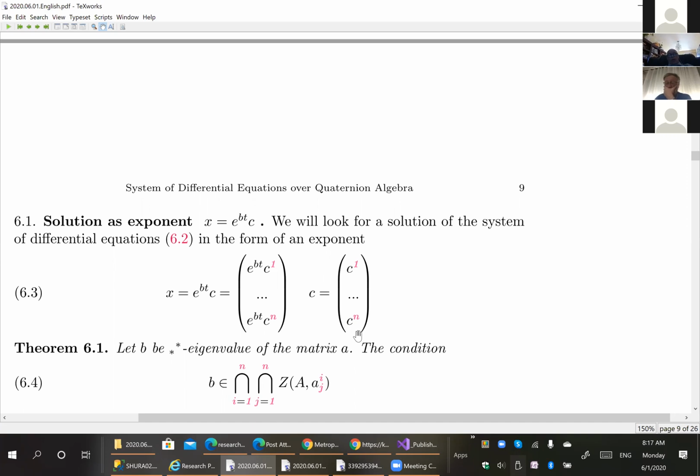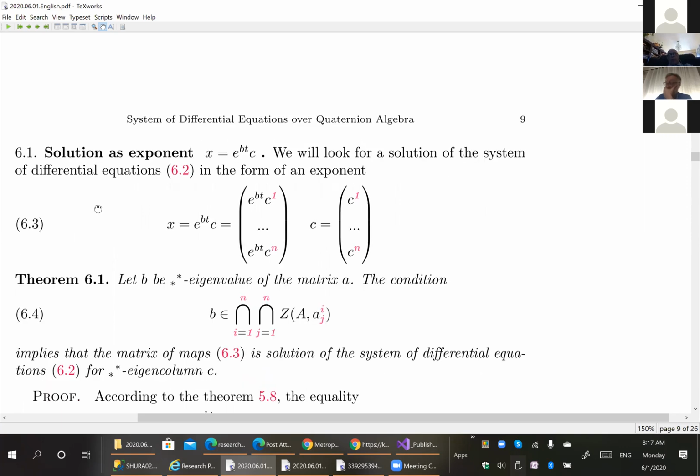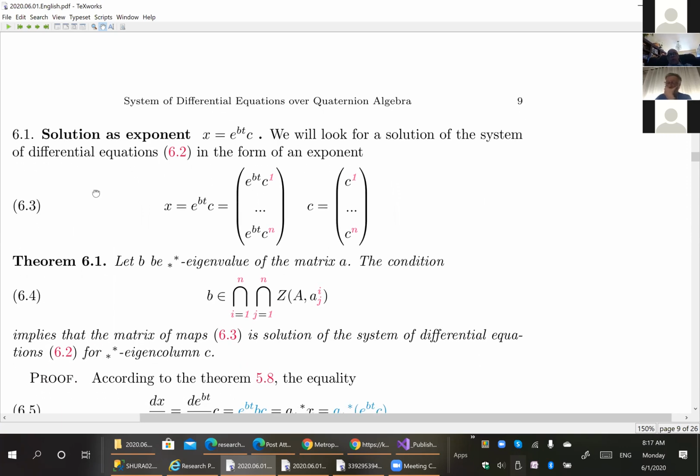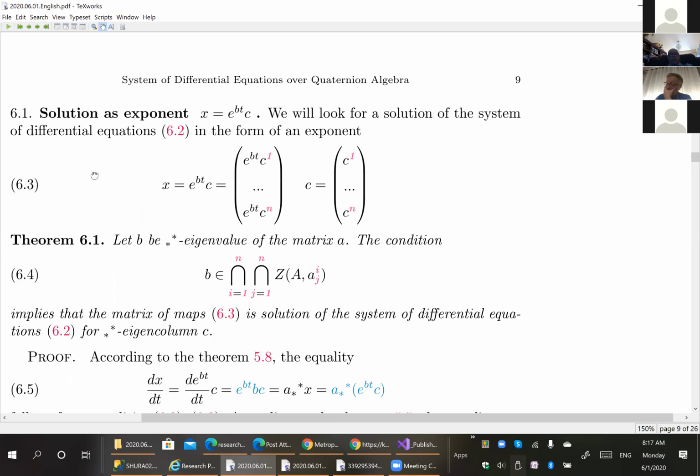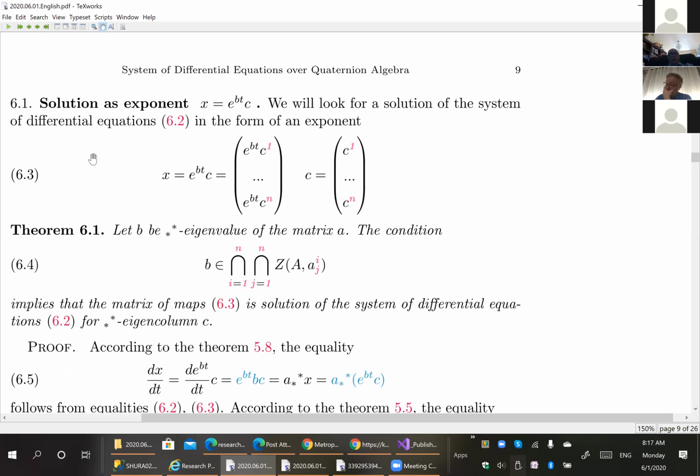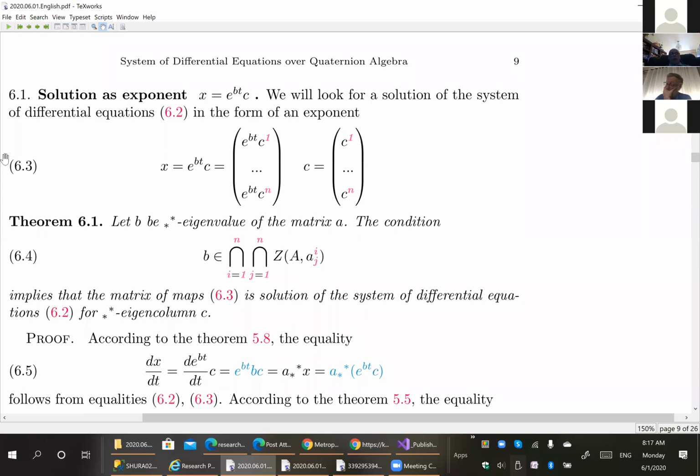Now I will consider two theorems which put some limits on the value of b and the type of matrix C. Let b be an eigenvalue of the matrix A, the matrix of the differential equation.